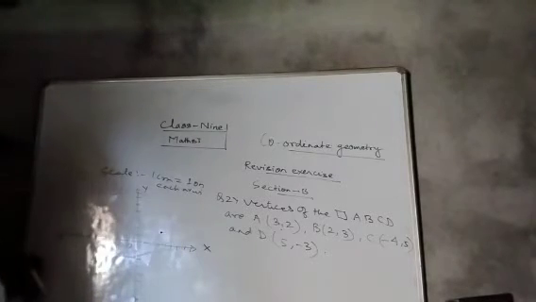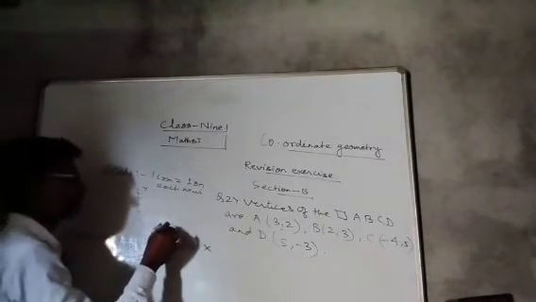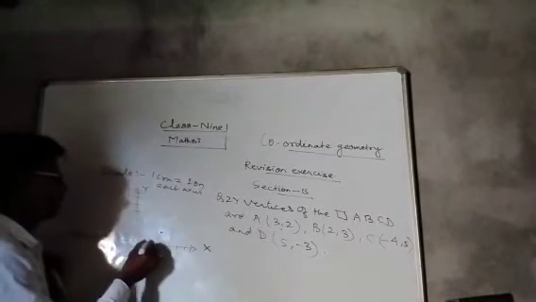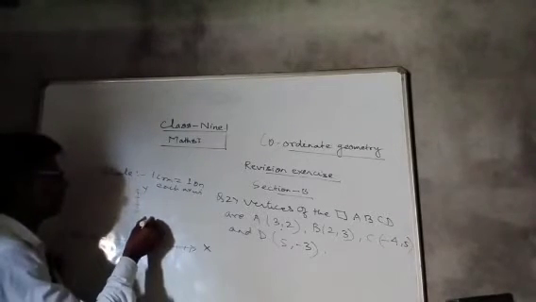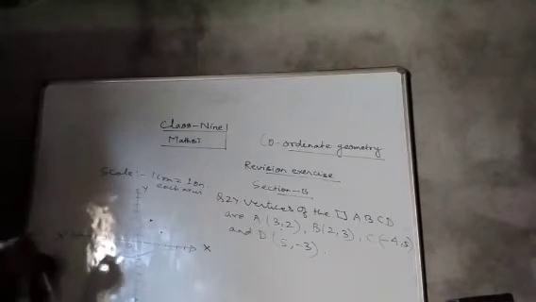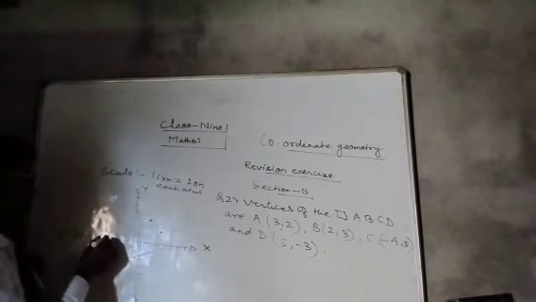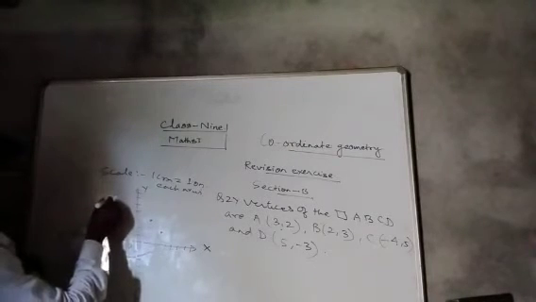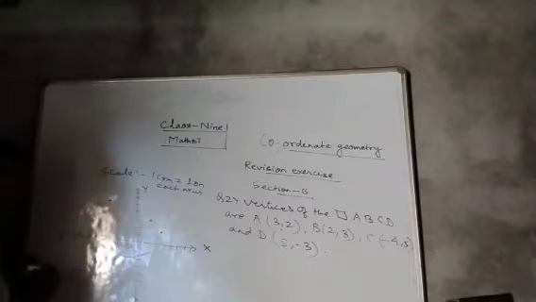This is point A. Next 2 comma 3; this is vertex B. Minus 4 comma 5: minus 4 here and 5 above. Minus 4 comma 5.